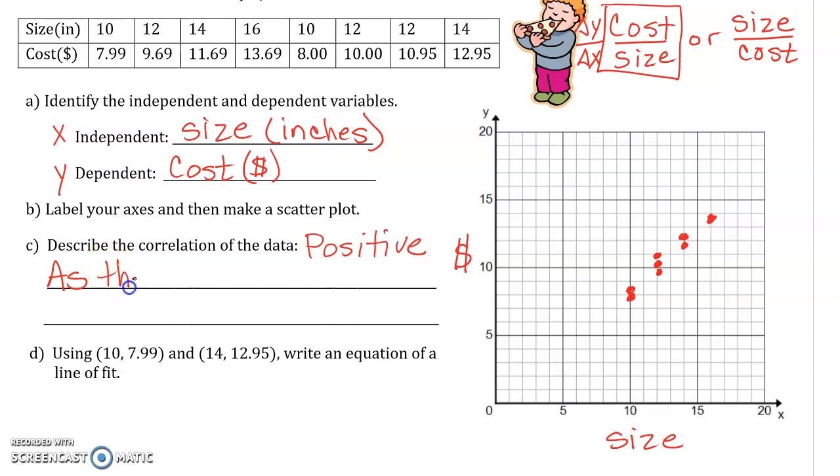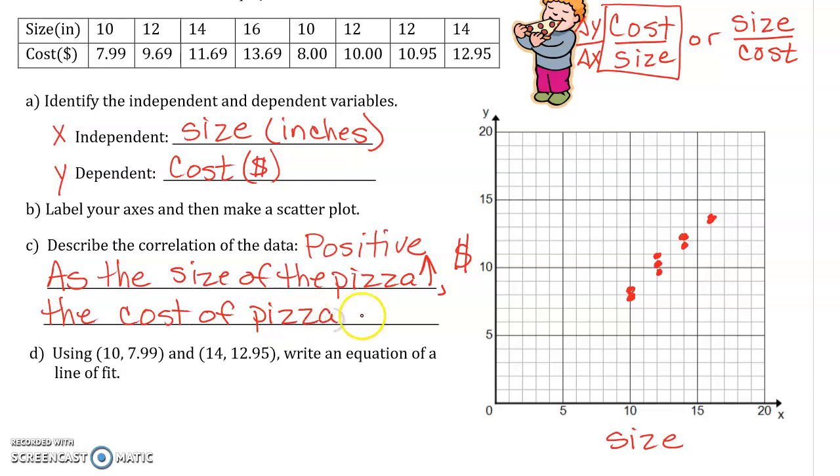How about as the size of the pizza goes up, what's happening to the cost of the pizza? Would you say up or would you say down? You got it, it goes up. All right, so that's how we describe our correlation. How does one variable change? How does the other variable change?